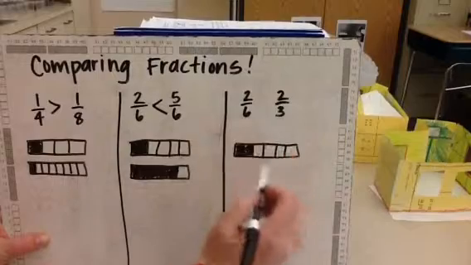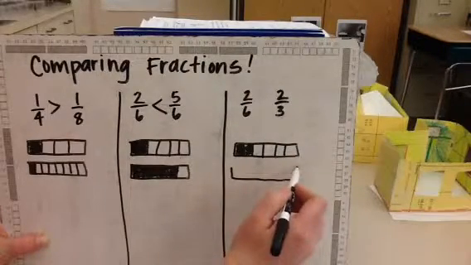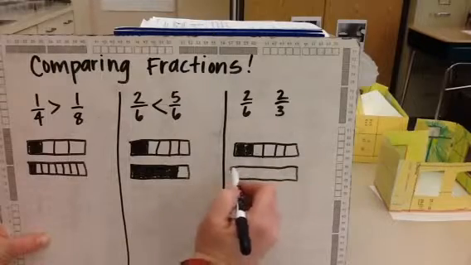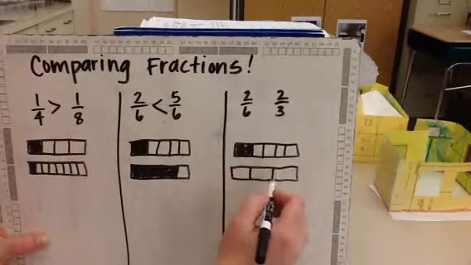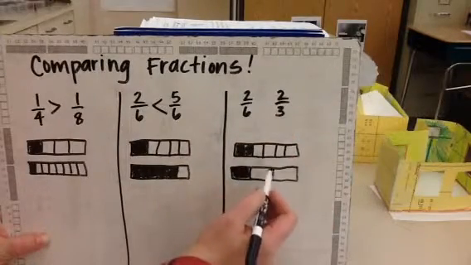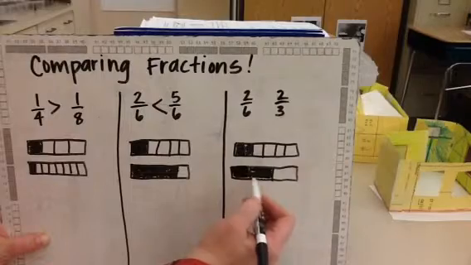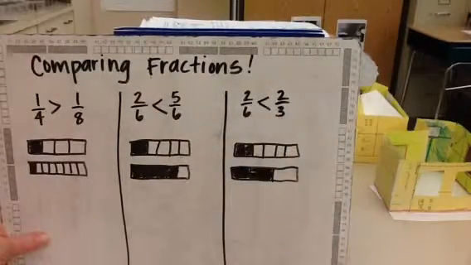And now I'm going to make my other whole. Again, it needs to be the same size whole. And I'm going to divide it into thirds. And I'm going to shade in 2 of the thirds. Now I can see in my visual here that 2/3 is greater than 2/6.